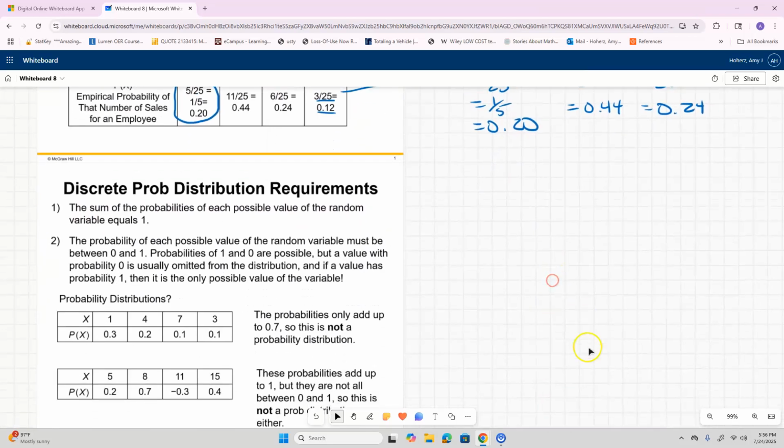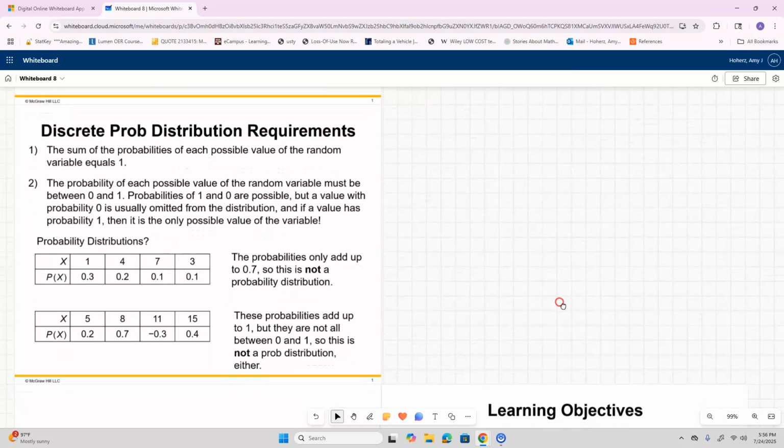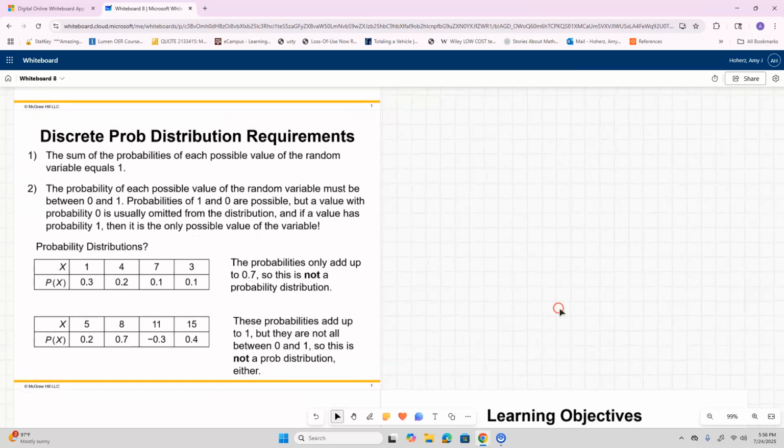Okay, so now before we're done with 5.1, we're going to look at discrete probability distribution requirements. One of the biggest things is that the sum of the probabilities of each possible value has to sum up to 1.